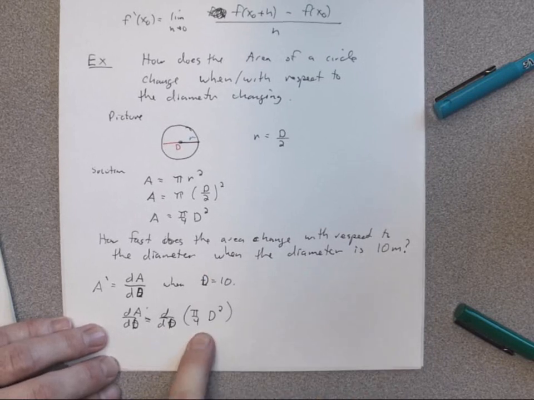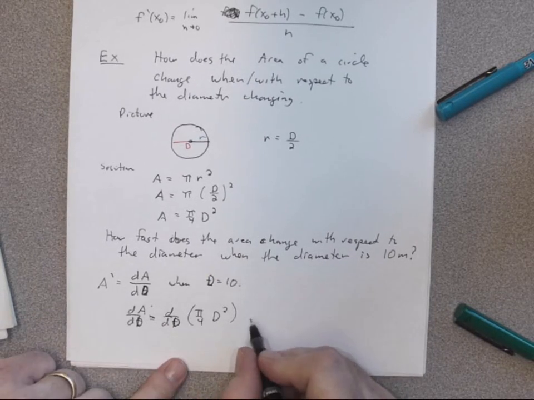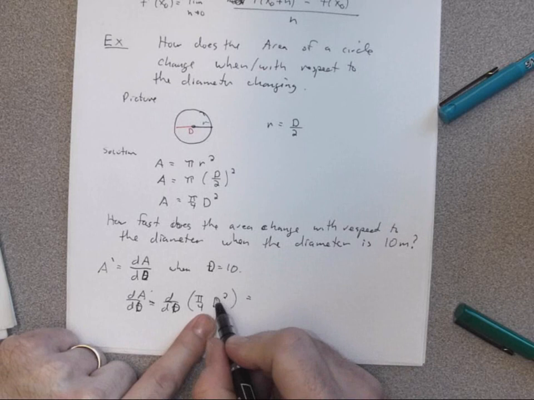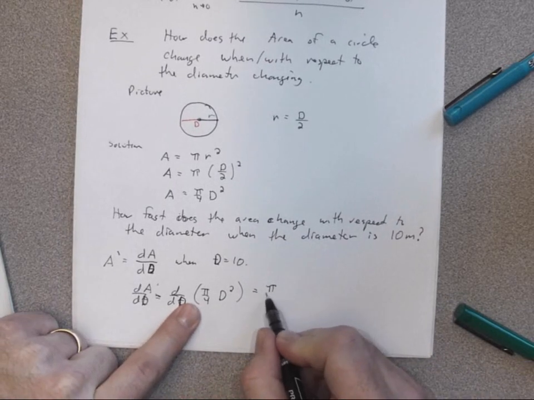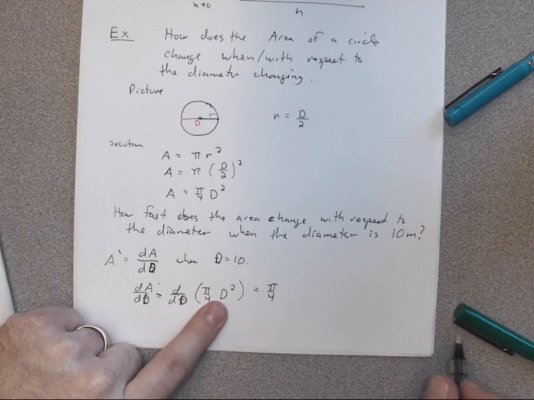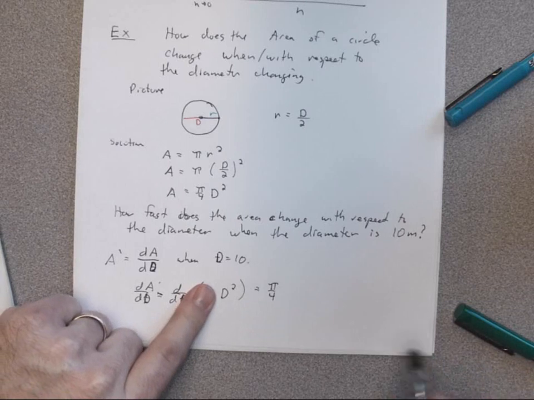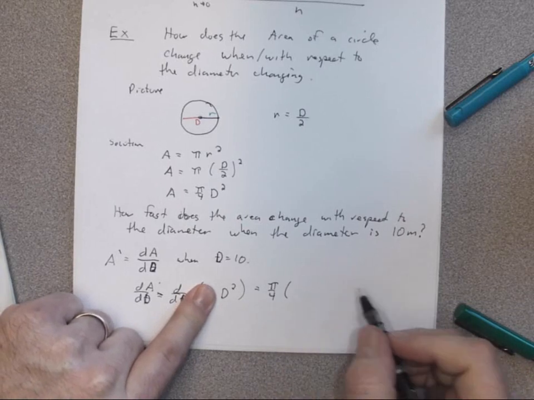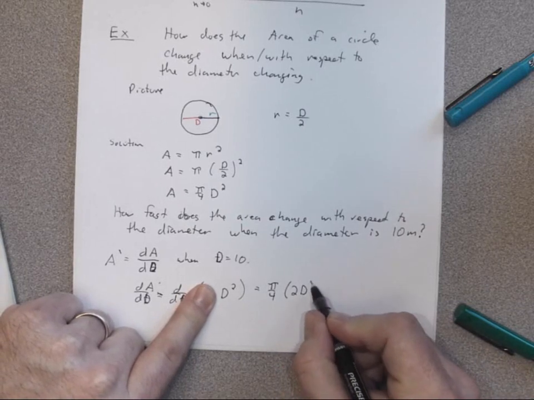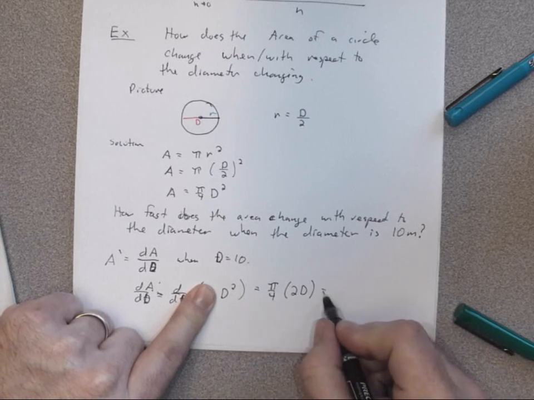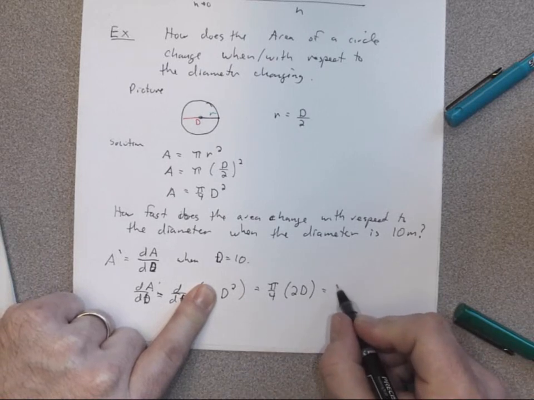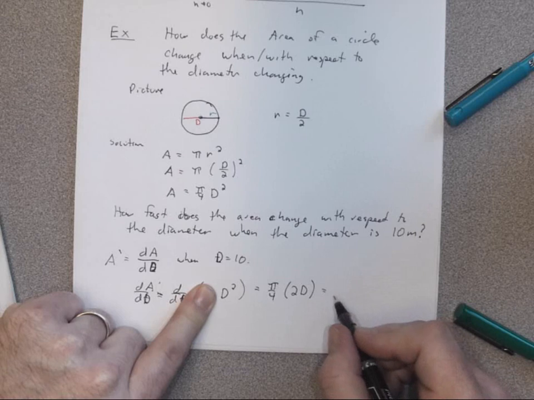So we're taking the derivative of this thing where d is our variable. So what we know is that this pi over 4 is a constant. So I'm going to pull that pi over 4 out, and then I'm going to take the derivative of d squared. We'll just think of it just like x squared. The derivative of x squared is 2x, and the derivative of d squared is 2d. So the 2 goes into 4 twice, so this is going to be equal to pi over 2 times d.